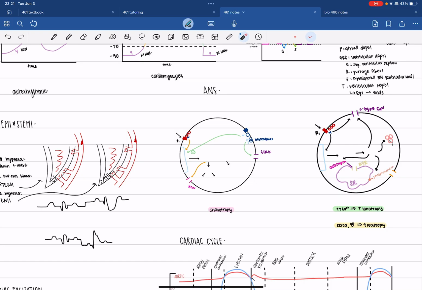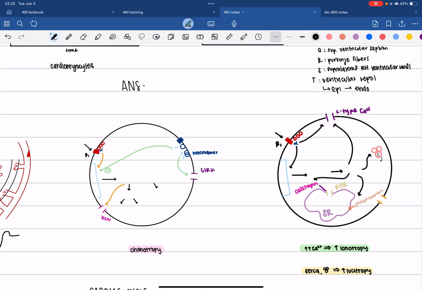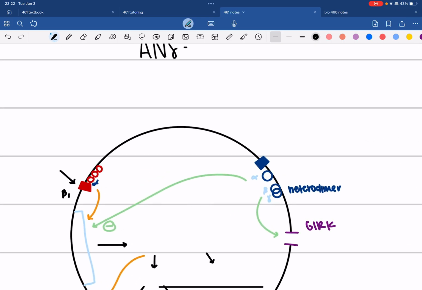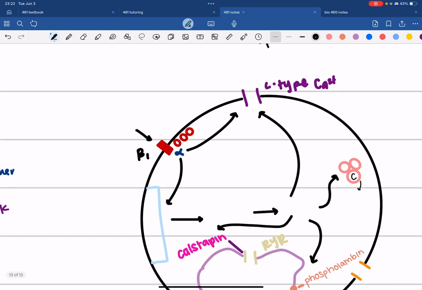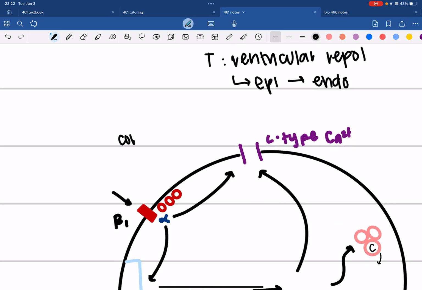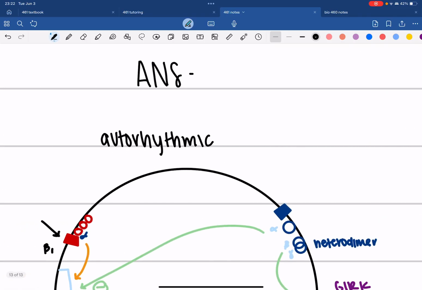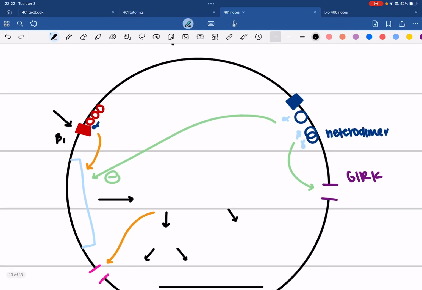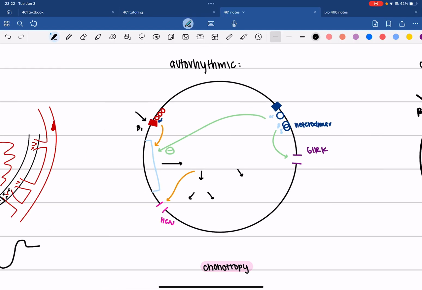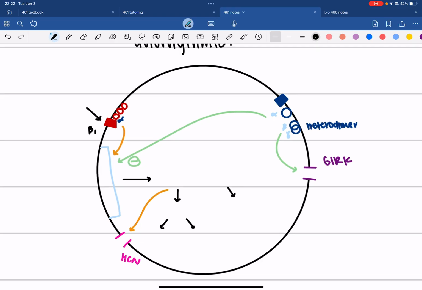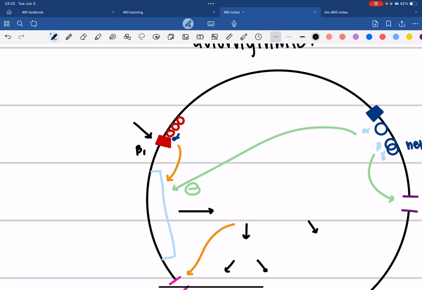Next, we have a couple different parts of the autonomic nervous system that we want to talk about, how it innervates our cells. And we have two parts of this. We have our autorhythmic cells, and then our cardiomyocytes or contractile cells. Okay, perfect. So, we want to look at how it's going to be impacted based upon a sympathetic and parasympathetic nervous system response. If we're having a sympathetic response, the drug that's going to act the most is going to be epinephrine.